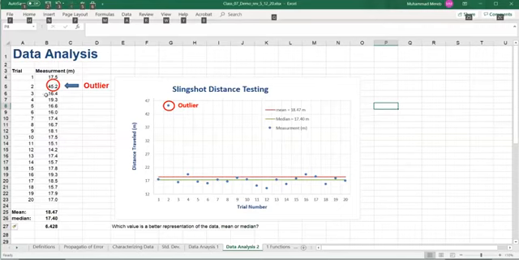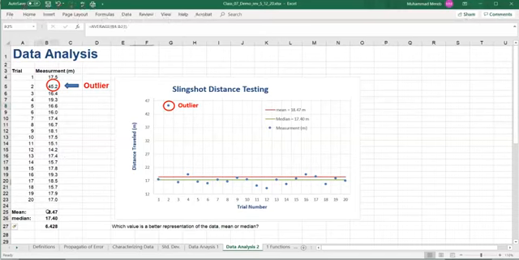Because to calculate the mean, we add the measurements and divide by their number. And if one of them is almost double the other ones, then it will affect the results. This is why we have a higher mean than the median in this case.